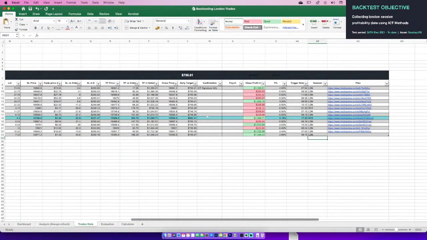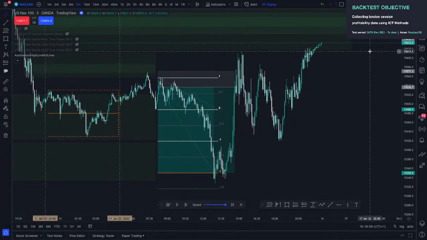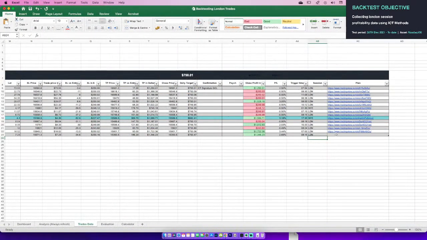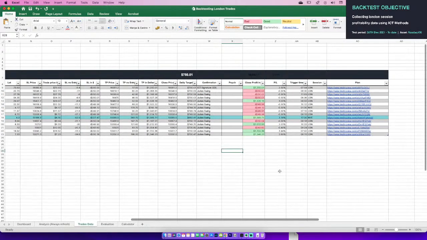And TradingView link. Copy link. All of this is due to swing, by the way. Just going to copy all of them.